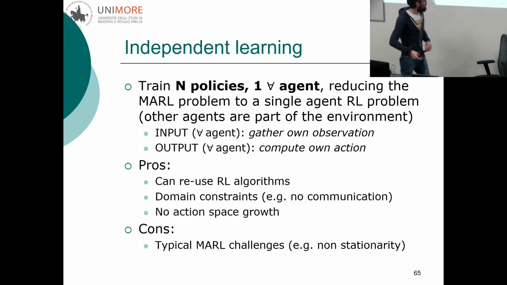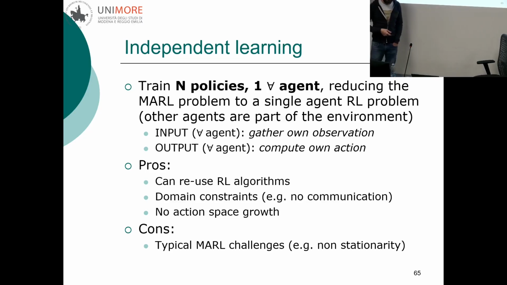So, the good news about using independent learning is that we can reuse any kind of single agent reinforcement learning. We don't care about whether we have some sort of constraint in our application domains. In this specific domain, in my factory, in my problem, the agents cannot communicate. Who cares? They weren't meant to communicate anyway.